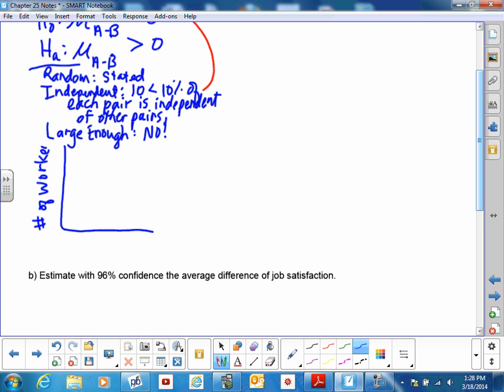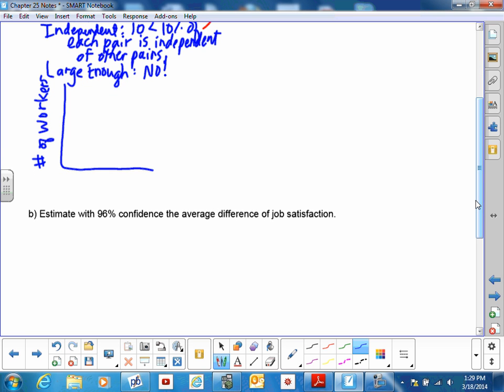And what I'm interested in is the difference that they exhibited, the difference in job satisfaction. Good. And it's always good to mark the direction you subtracted when necessary, just so there's no question.